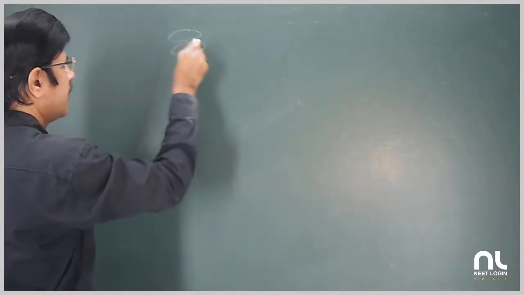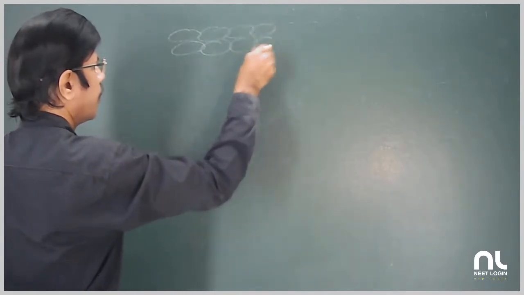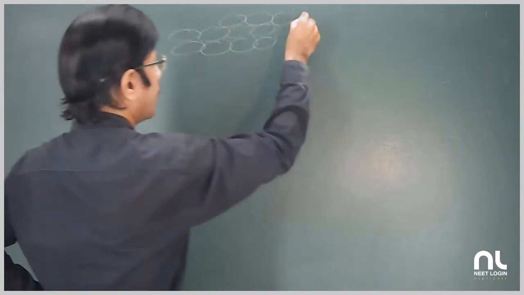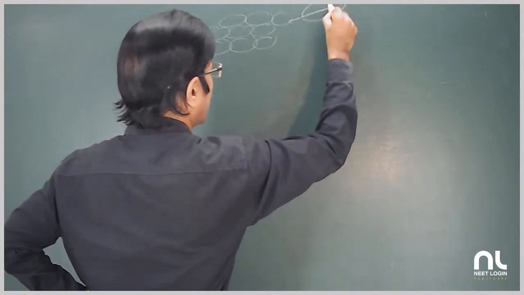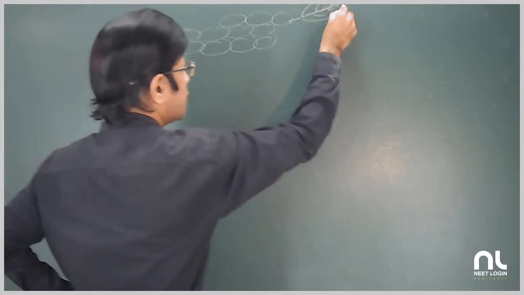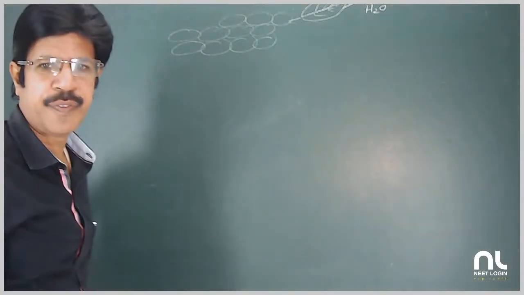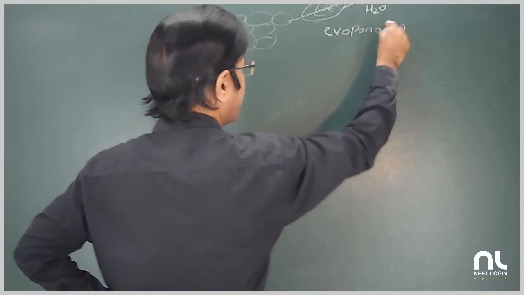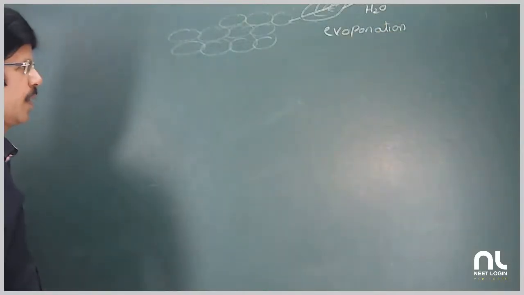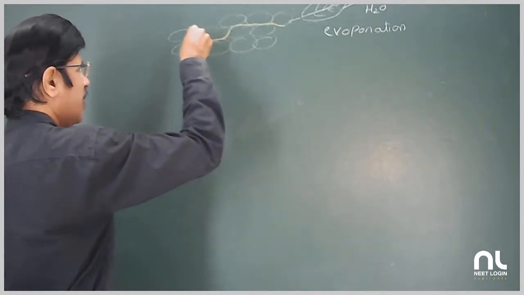And for this explanation, through the leaf, water evaporation and the tension is transmitted in the intercellular spaces. Okay.